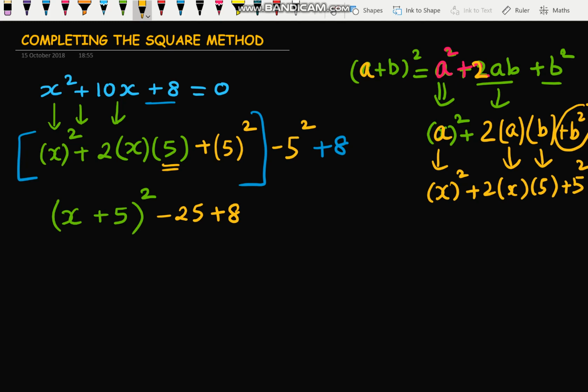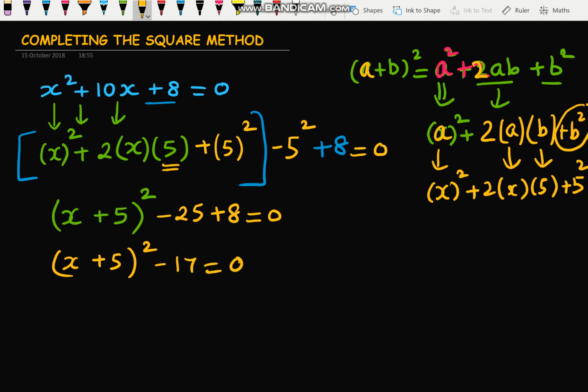Now all of this is equal to 0, right? So that means x plus 5 the whole square is equal to, now minus 25 plus 8 is what? It's minus 17.